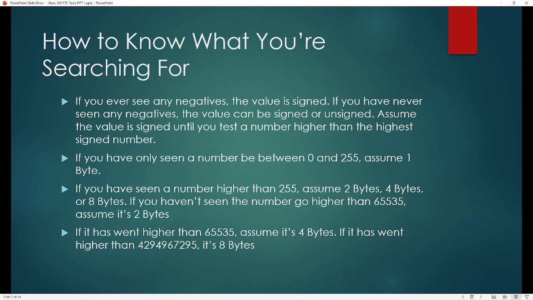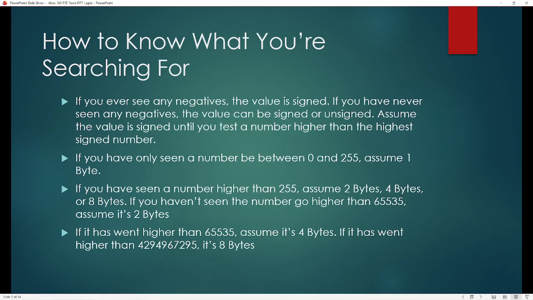If you've only ever seen a number in the game between 0 and 255 and you've never seen it go above 255, assume you're dealing with a 1 byte value. If you've seen a number higher than 255, you could be dealing with 2 bytes, 4 bytes, or 8 bytes. If you haven't seen the number go higher than 65535, you're most likely dealing with 2 bytes.